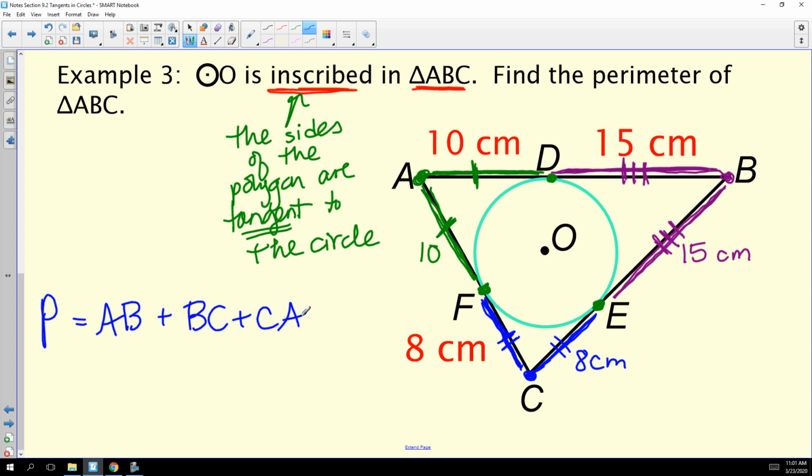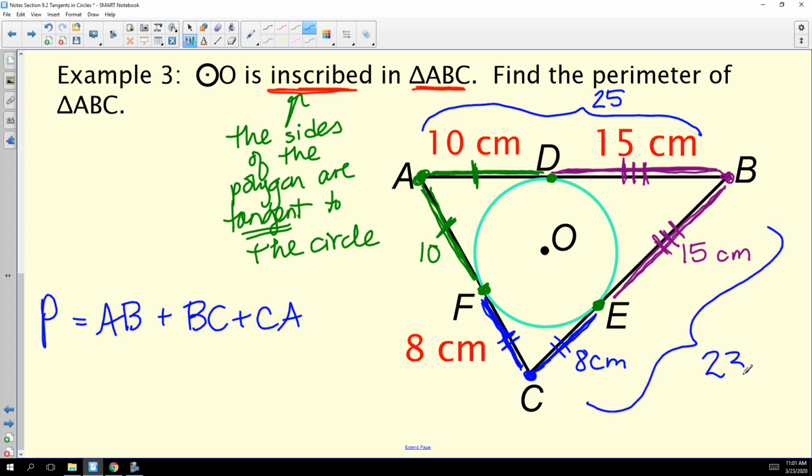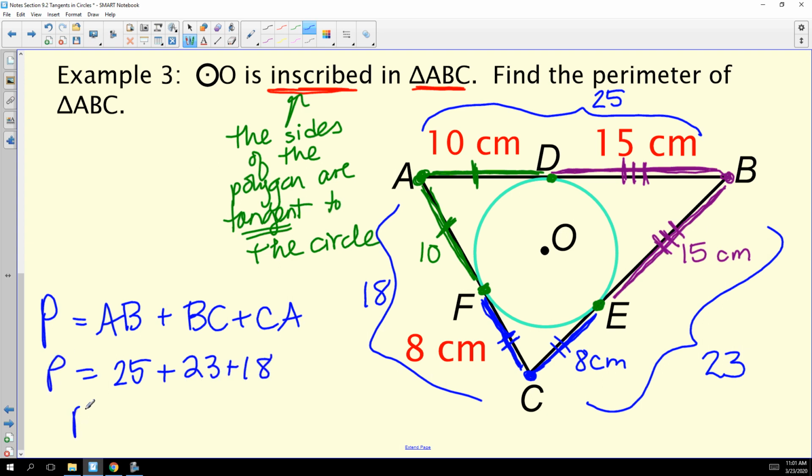The length of AB is going to be 25, the length of BC is going to be 23, and the length of AC is going to be 18. So 25 plus 23 plus 18 is the total perimeter. That's 48 plus another 18, which is 66 centimeters.